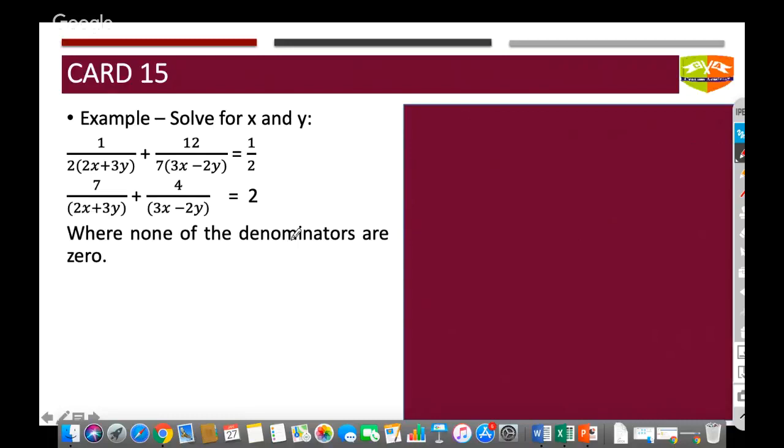So this method remains the same. So what I'll assume over here is that 1 by 2x plus 3y is equal to u, and 1 by 3x minus 2y is equal to v, and then I'll start replacing it. So this gives me 1 by 2u plus 12 by 7v.